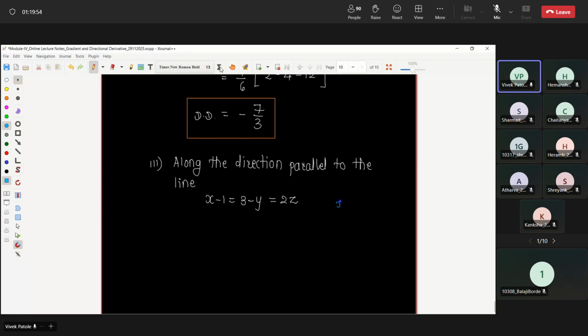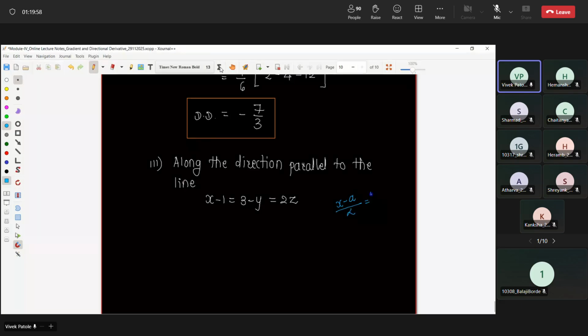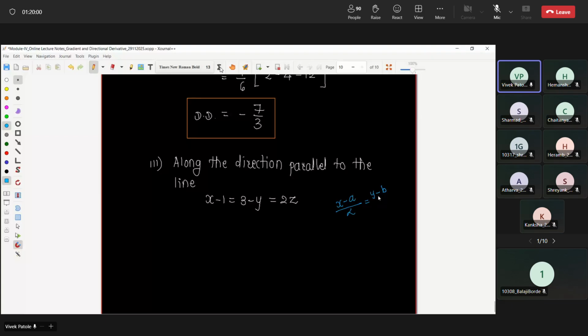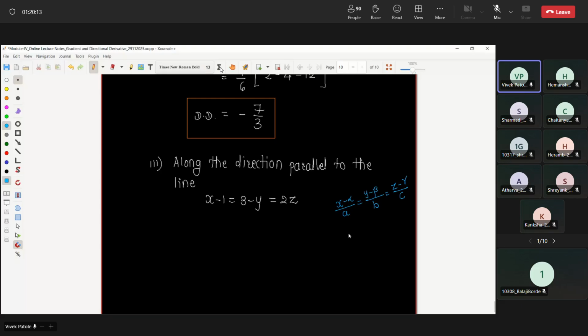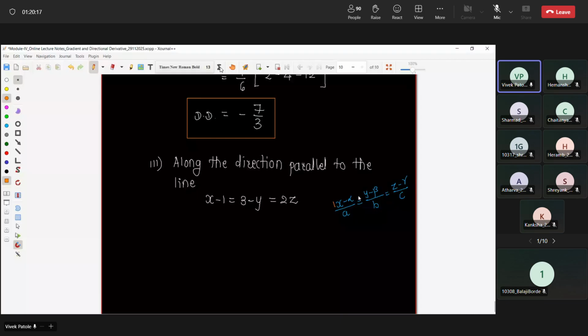The standard form was x minus alpha upon a equal to y minus beta upon b equal to z minus gamma upon c. What I told, the coefficients of x, y, z must be 1, 1, 1.